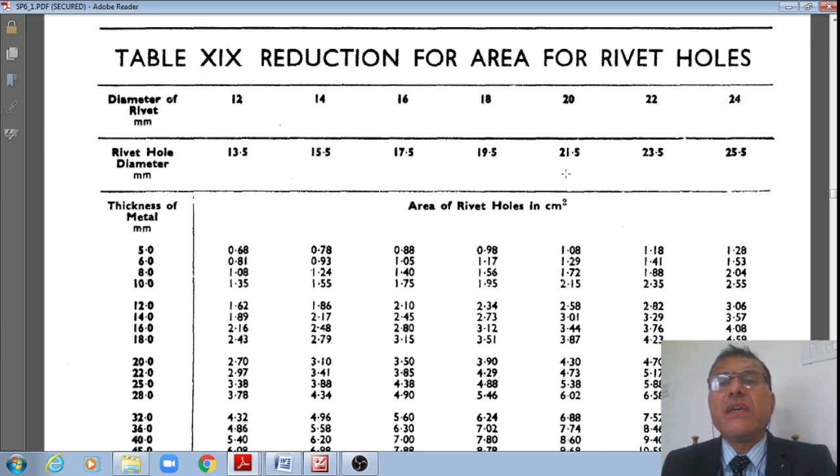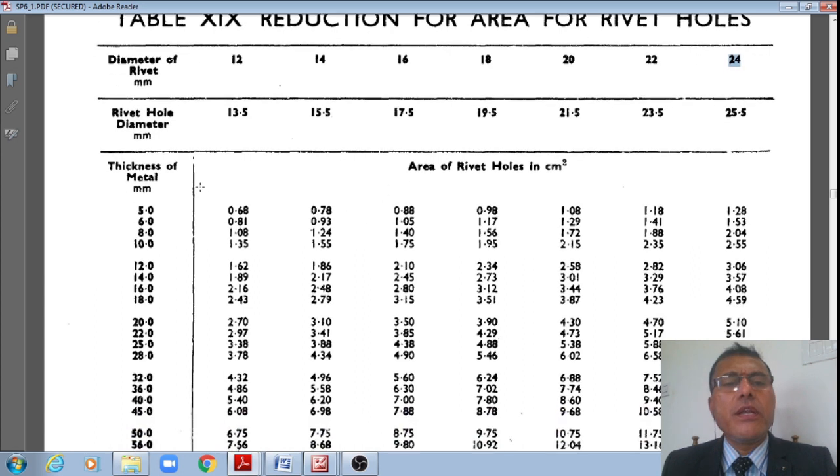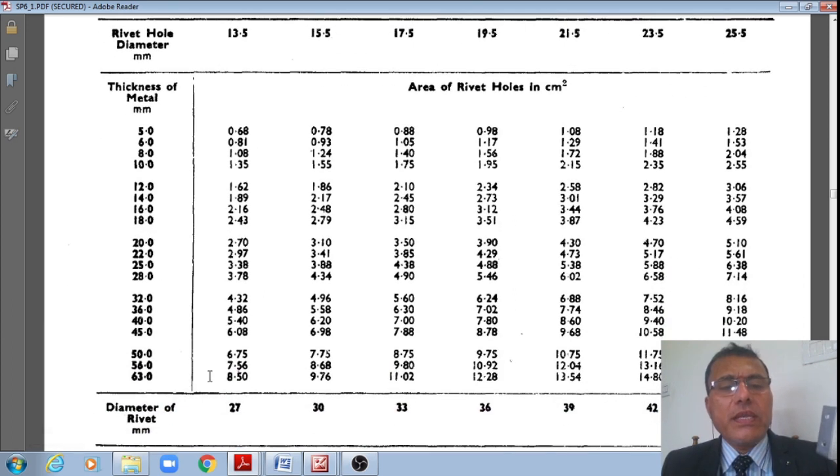Likewise, you can see the values for other rivets, say 14. The rivet diameters are 12, 14, 16, 18, 20, 22, 24. Accordingly, you can see if the thickness is 5, 6, 8, 10, 12, and so on, up to a thickness of 63 mm.